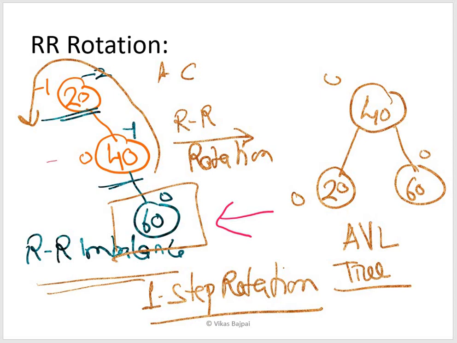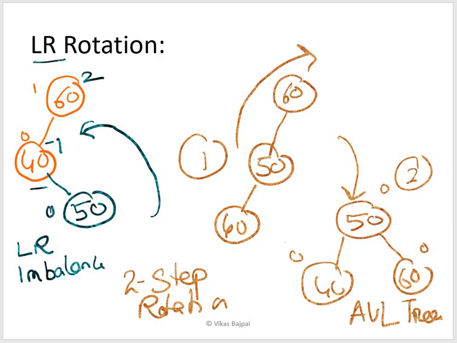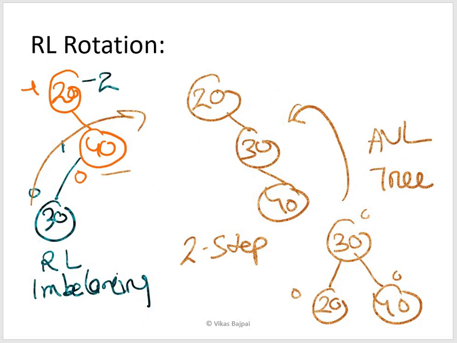And in case of your RL rotation, the new node is inserted in the left subtree of the right subtree of the critical node.